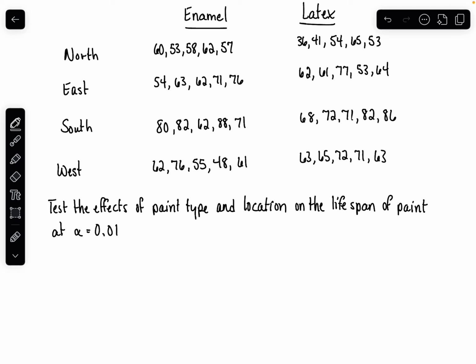The hypotheses then are first for paint type. Our null hypothesis is that there is no difference in the mean lifespan for different paint types.